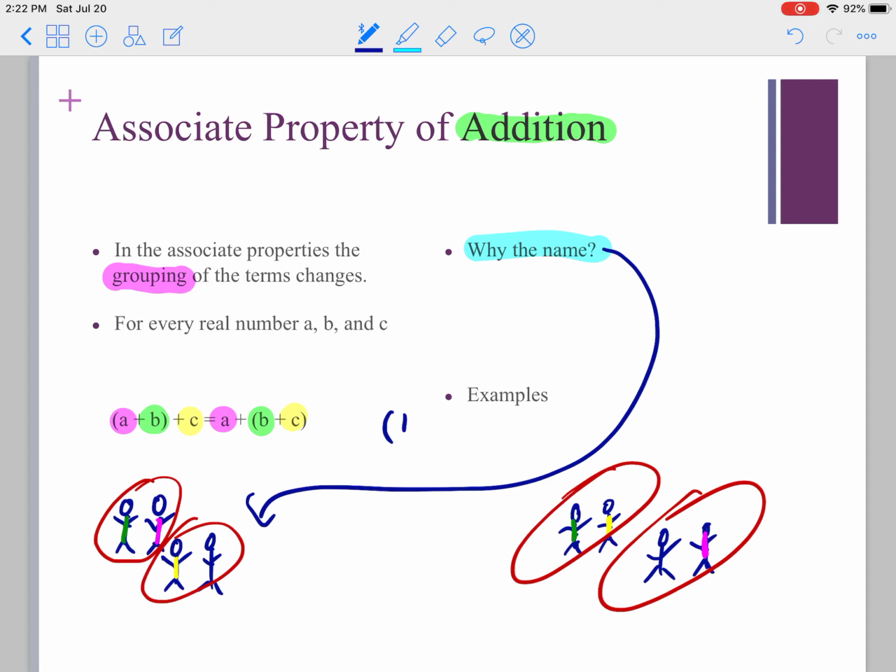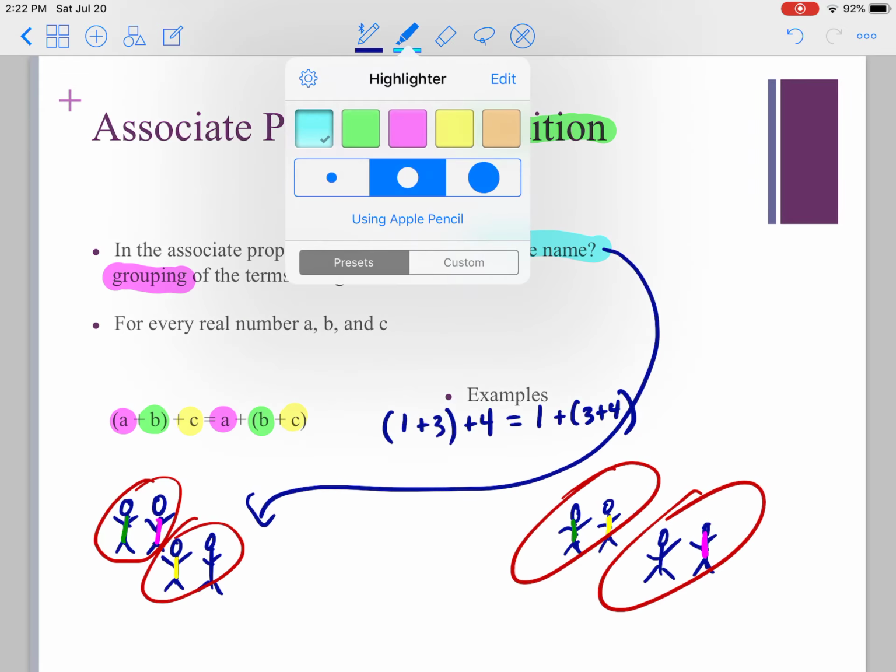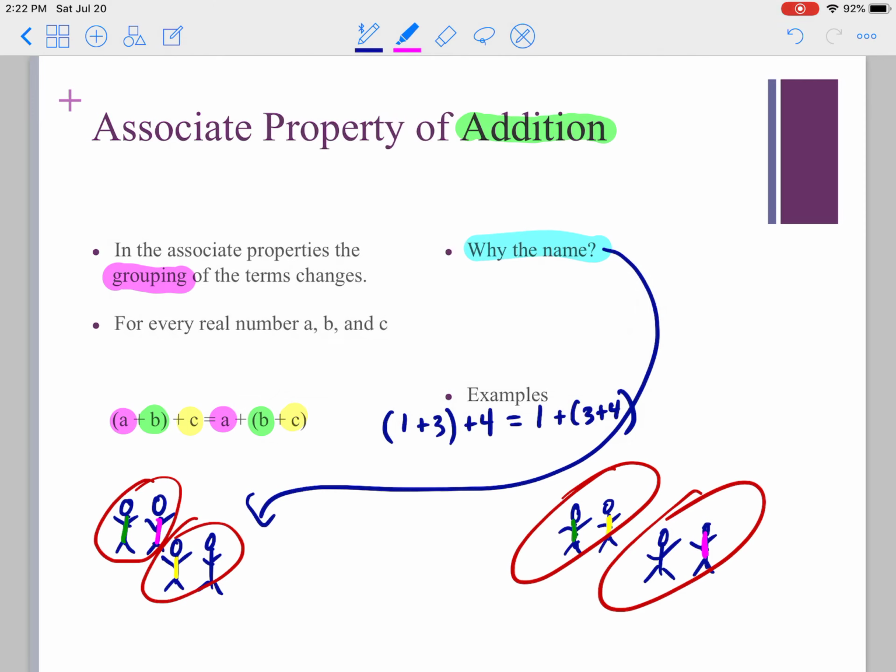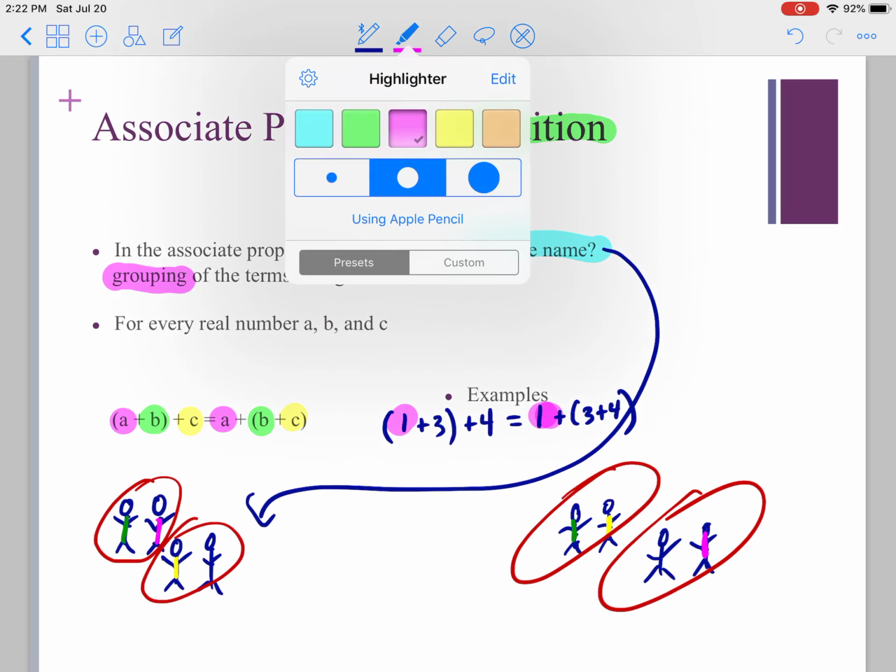Let's say 1 plus 3 plus 4 is equal to 1 plus 3 plus 4. And just to relate it to the generalized example, we have our 1, similar to our A term.